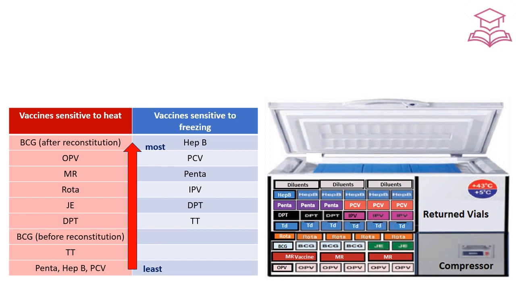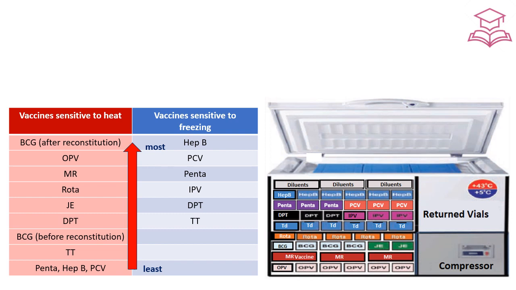So, if the question is the most heat sensitive vaccine and BCG, OPV are given as options, the answer is OPV. Only if after reconstitution or before reconstitution is mentioned, we take the BCG into account.